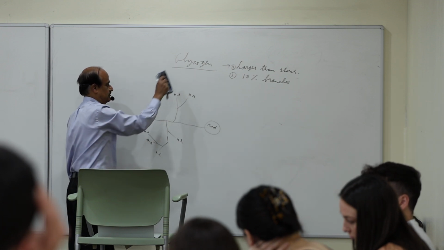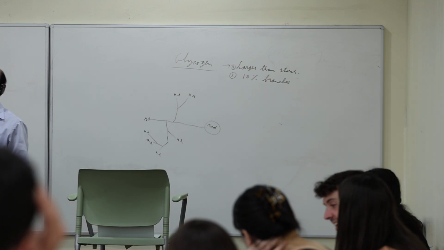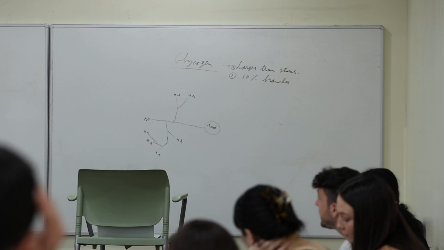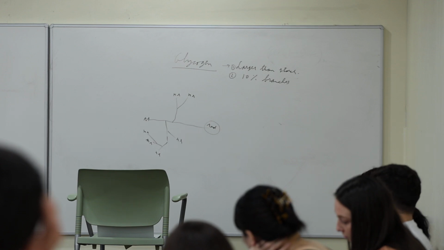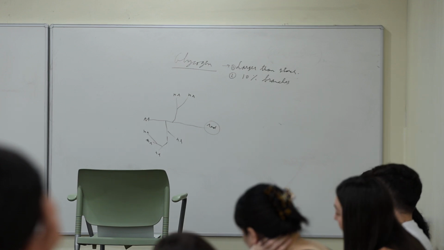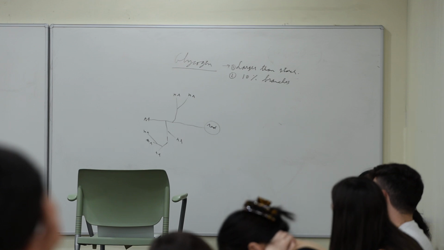because first of all, why do we store glycogen? Why do we store anything in a polymer form? In order to make a polymer, you need energy. As I said, whenever you form a bond between two units, whether it is sugar, protein, or whatever, you need energy.